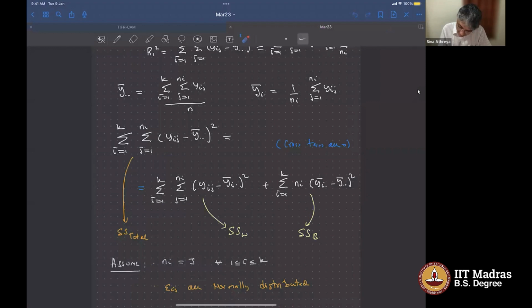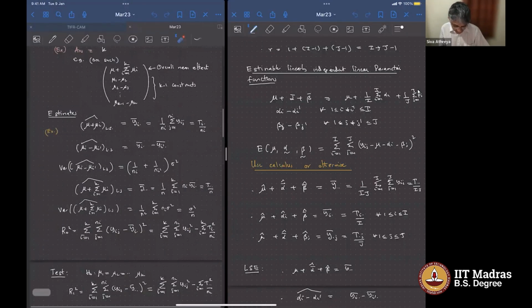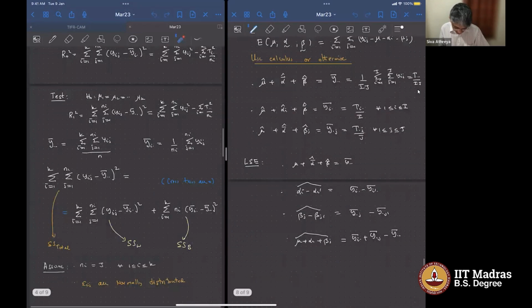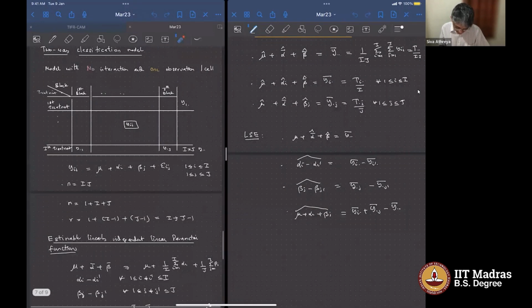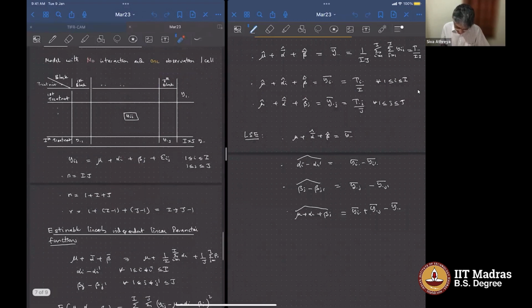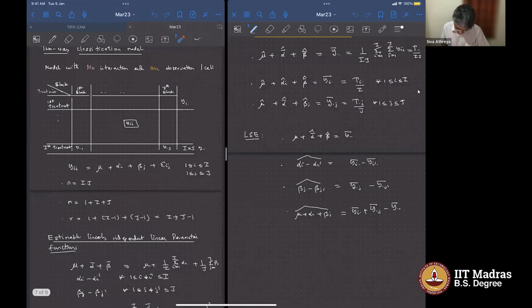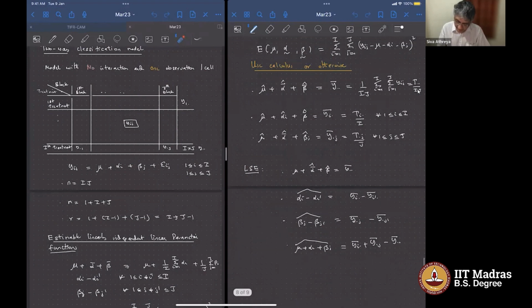So here we took a two-way classification model. We first discovered the linearly estimable functions. Then you could write the error down and use either calculus or linear algebra.